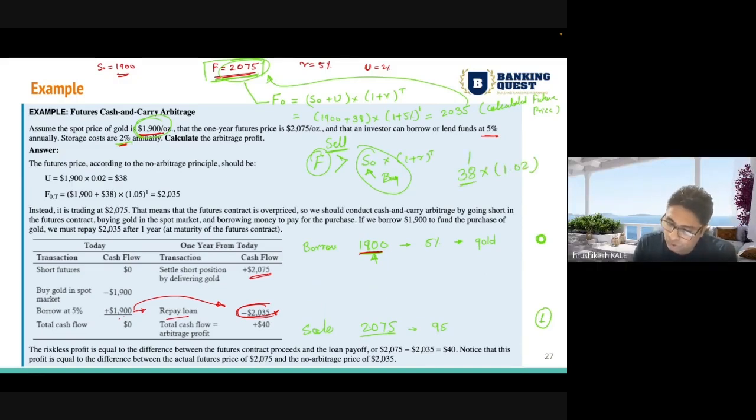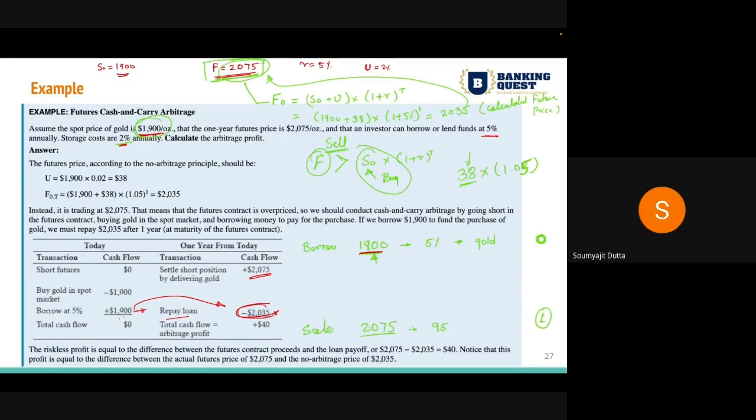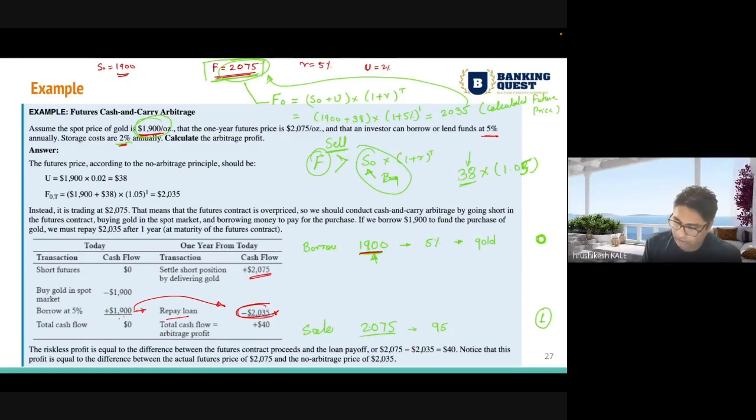That storage cost will also attract interest at 5%. You understood this? So I am borrowing 1900 at 5%, and I am borrowing this 38 also at 5% interest, and this is the storage cost.